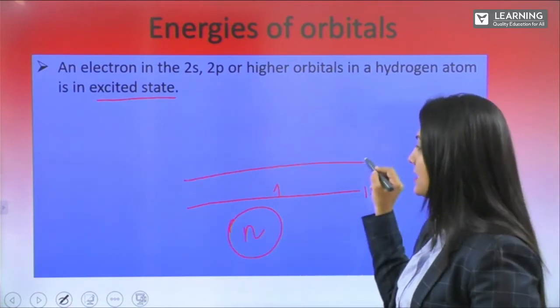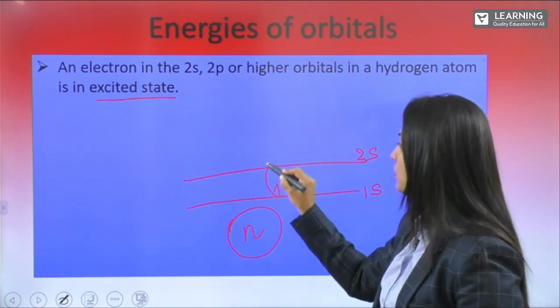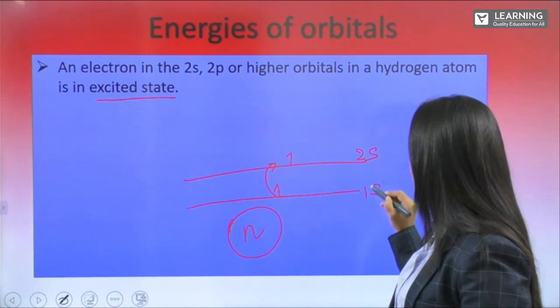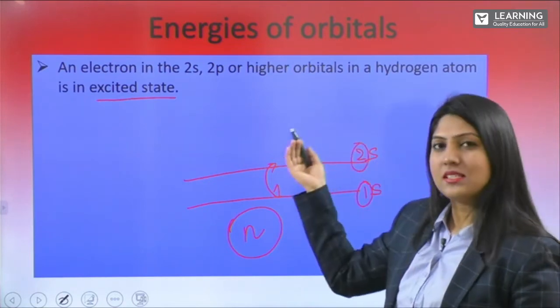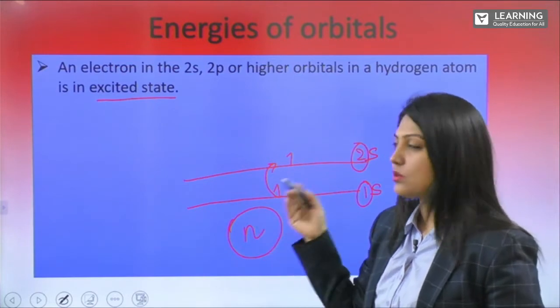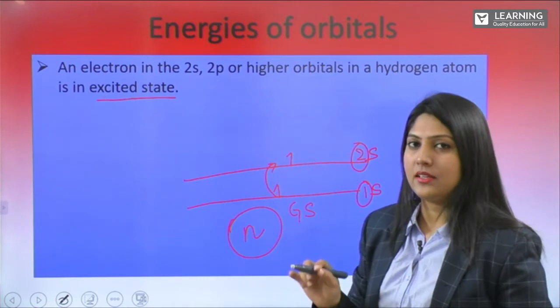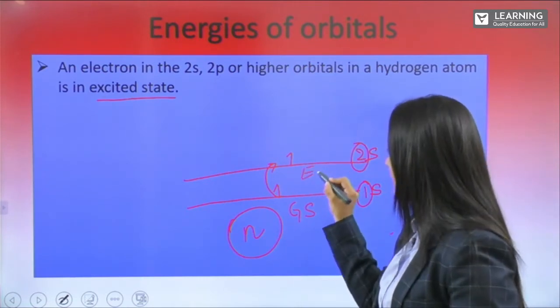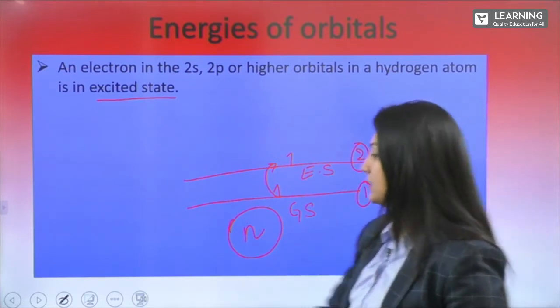If I take the second orbit, this is 2s, and the electron will jump to 2s. That means it goes from the first quantum level to the second quantum level; it is exciting, it is jumping. So this is the ground state for the electron in the hydrogen atom, and this is the excited state for the electron in the hydrogen atom. Good.